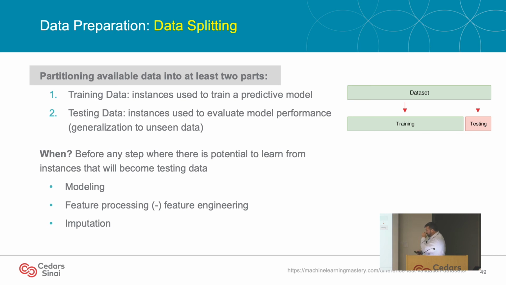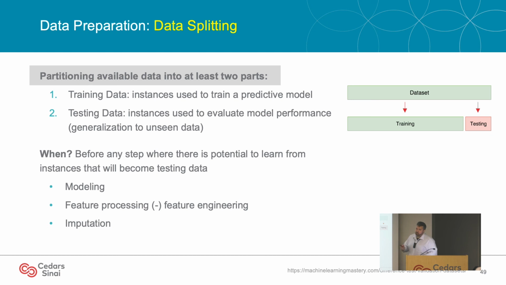So when do you do this? You can do it before any step where there is the potential to learn from instances that will ultimately be in the test set. And I have made this mistake early on in my career in terms of when do I worry about splitting my data versus when do I do these other elements of data processing.